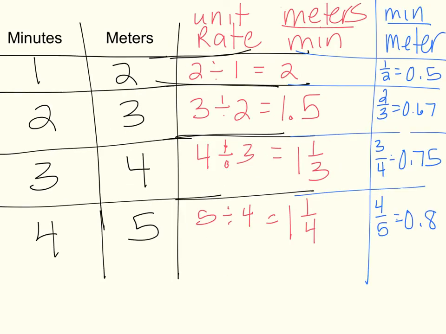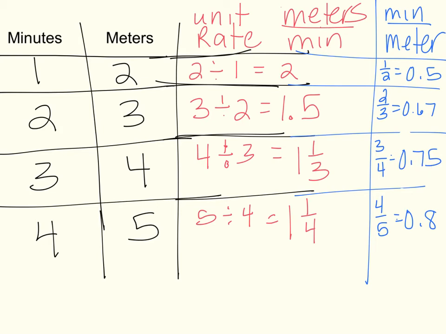So if you found the minutes per meter unit rate, you would have gotten different unit rates. You would have gotten half a minute per meter here, or 2/3 of a minute per meter, 3/4 of a minute per meter, or 4/5 of a minute per meter. I also changed those to decimals.